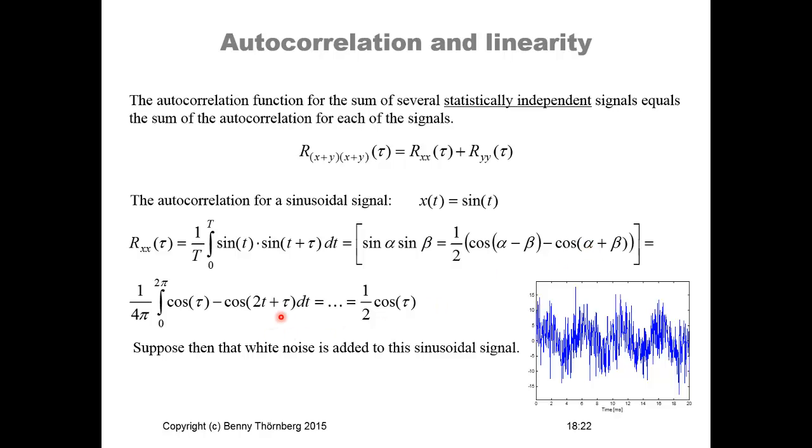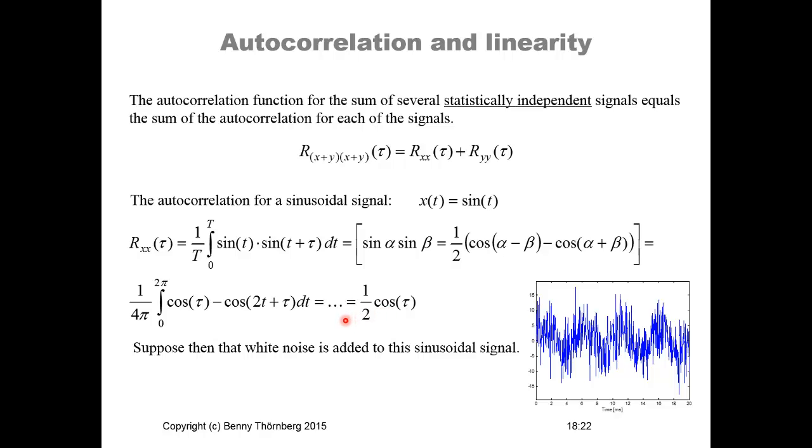Then it will be easier to find the primitive function for this integral, and we can evaluate it for the result of a half cosine of tau. So what we can expect, if we compute the autocorrelation function of a sinus waveform, is that we get a cosine waveform.